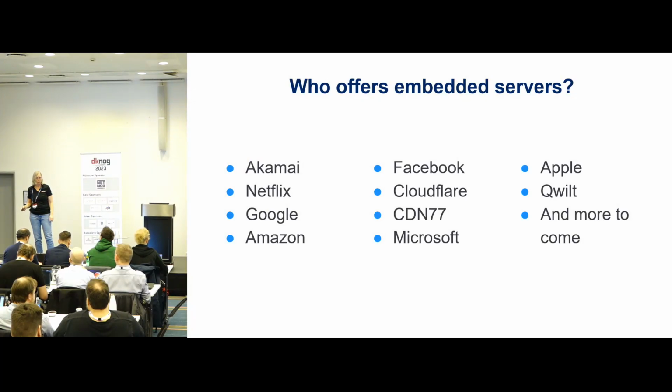Okay, so who's doing the model of actually placing the servers inside people's network? A lot of the data, or a lot of the claims that I'm going to come up with on the next slides are based on an analysis of traffic data from a part of the internet that I have access to, which is the Kentik customer base, who have allowed us to do analysis on their traffic.